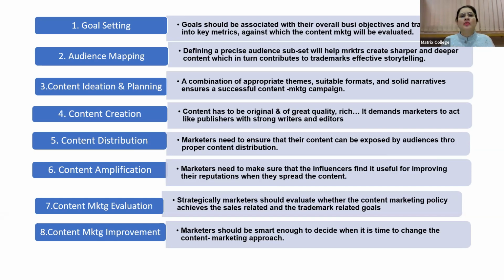You can track the performance very easily. Since content marketing is very dynamic, periodic enhancement of content marketing is essential. So marketers should be smart enough to decide when it is time to change the content marketing approach.